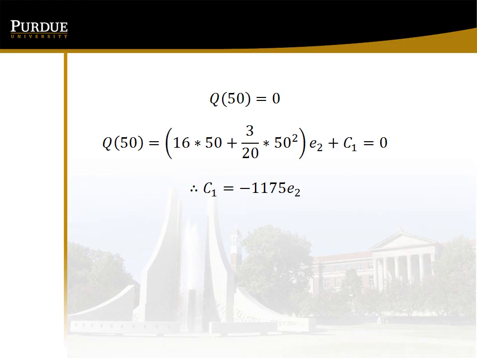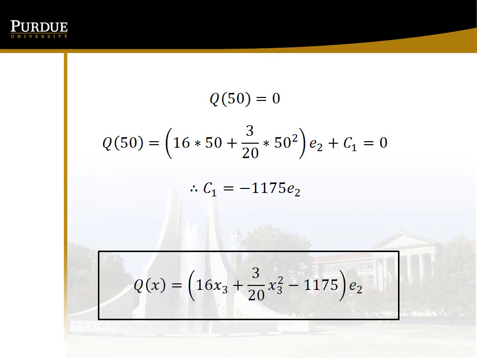So at that point, we know that the equation will be equal to 0. Therefore, we can solve for our C1. And for this case, we get -1175 E2. When we plug that back into the Q equation, we have our resultant force of 16x3 plus 3/20 x3 squared minus 1175, all on the E2 basis.